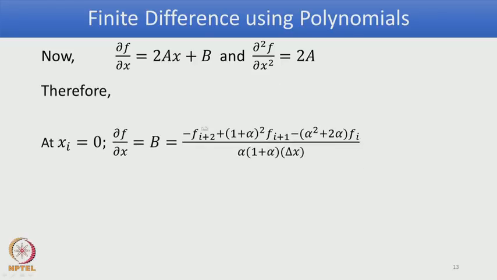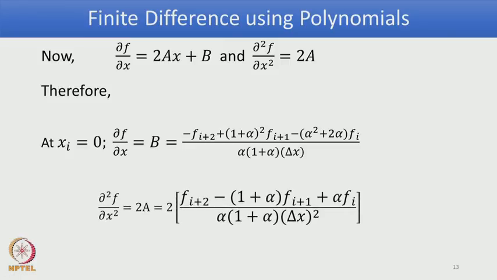So, subsequently you get the first derivative evaluated at x of I, because that is the point of interest. At I, x will have a 0 value. So, if you substitute that, the term is only b for the first derivative, and that is shown here. Similarly, for the second derivative, it is 2 times a, and you already evaluated the coefficient value for a, and you substitute, you get this.